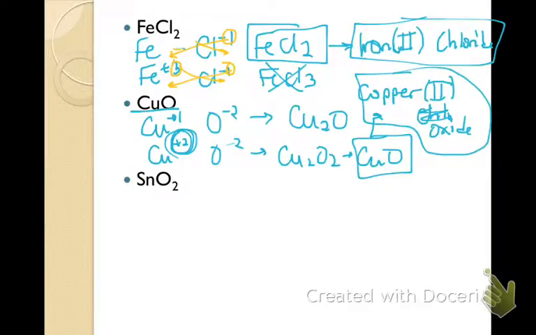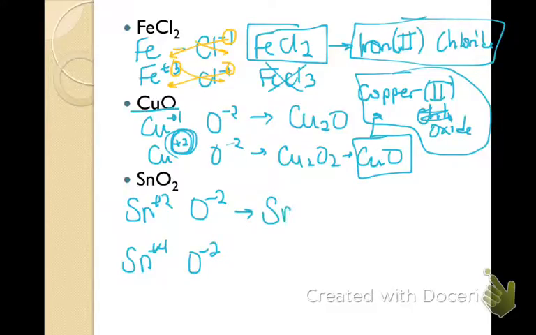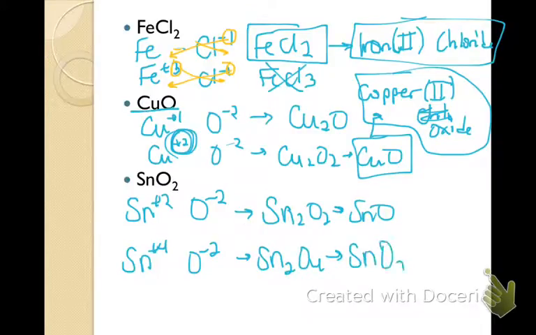Then we have SnO2. Sn is tin. It can be Sn plus 2 or Sn plus 4. So we have to write both of them down. Oxygen is going to be -2. We'll crisscross them. This one ends up being Sn2O2, but that reduces down to SnO. This one ends up being Sn2O4, but that reduces down to SnO2.